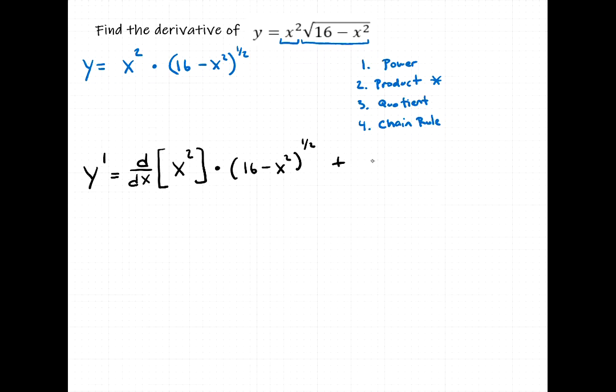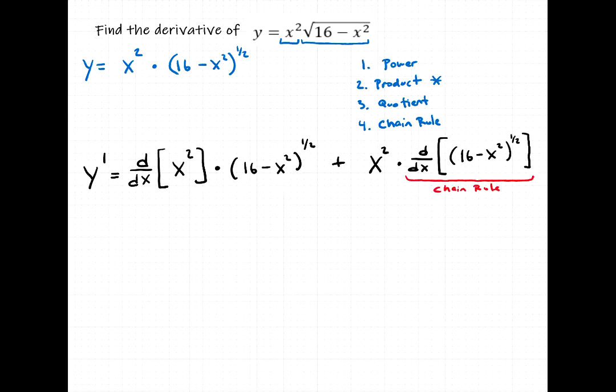Leave the first function alone and multiply that by the derivative of the second function, which is 16 minus x squared to the 1/2 power. So it looks like here we're going to have to apply the chain rule.